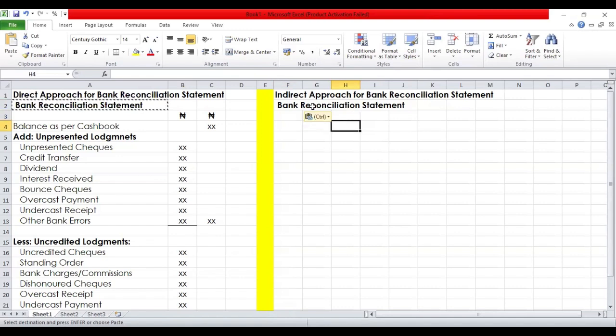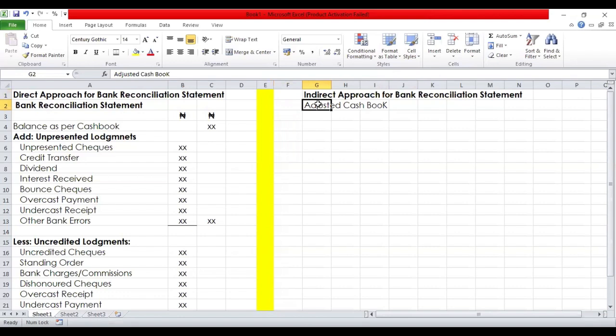Here we have adjusted cash book. Under this one, we follow the normal accounting system. Look at it.